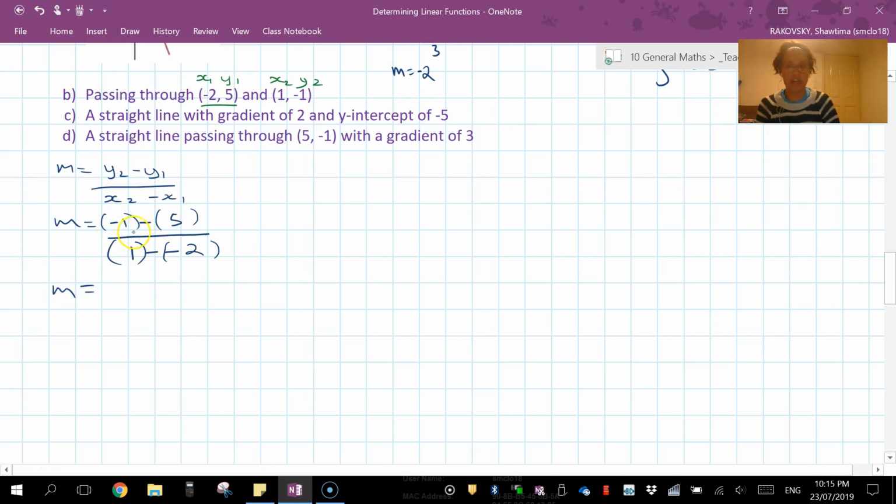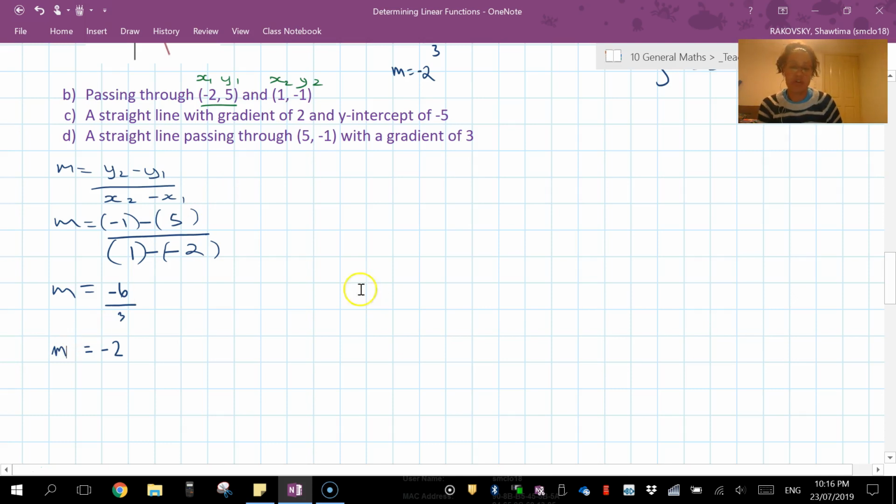So it's -1 minus 5 gives us -6, and 1 minus -2 is actually the same as 1 plus 2, which is +3. And that gives us 6 divided by 3, 2, and a negative divided by a positive gives us -2, and that is our gradient.